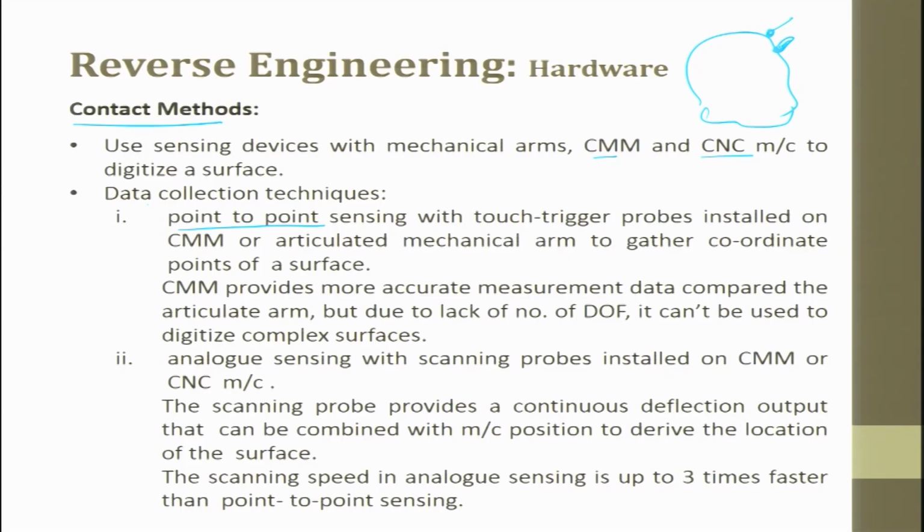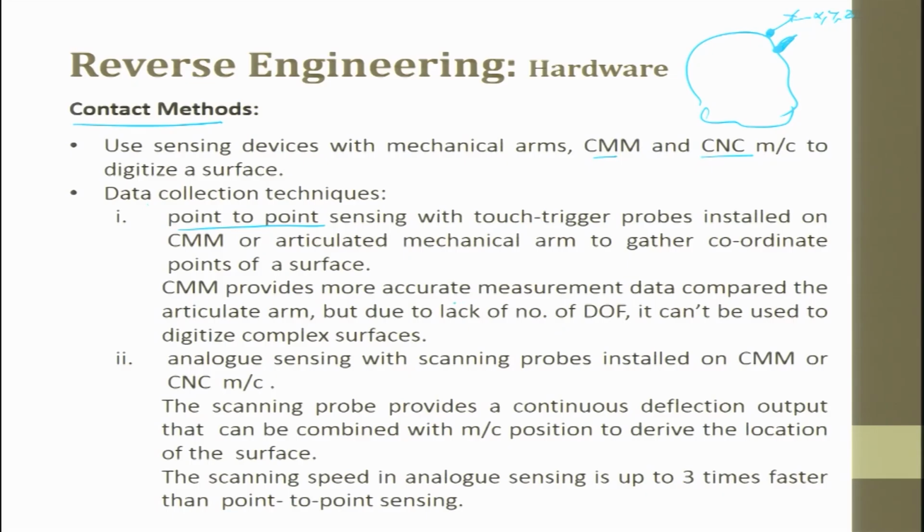So, you are discretizing the data, doing point to point sensing with a touch probe. I told you earlier, when you touch with this probe, suppose there is a contact circuit here, this circuit breaks and then you get the XYZ data.